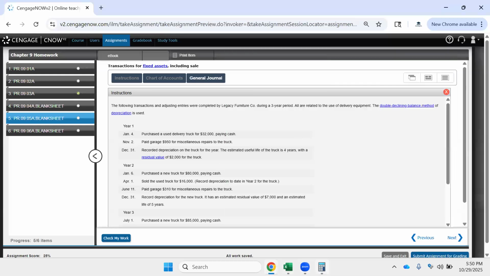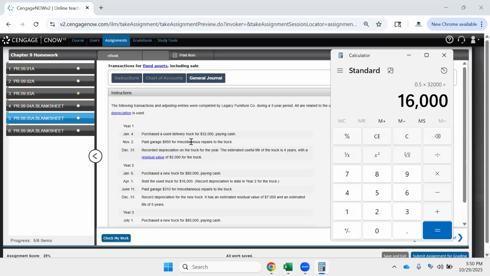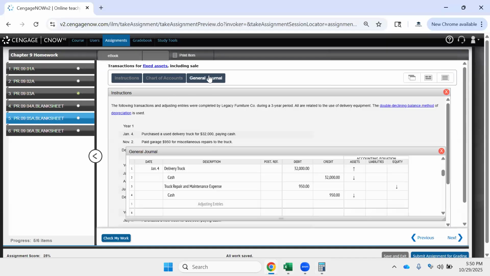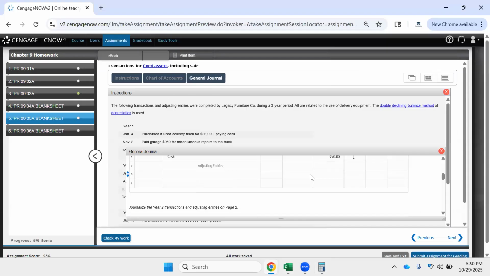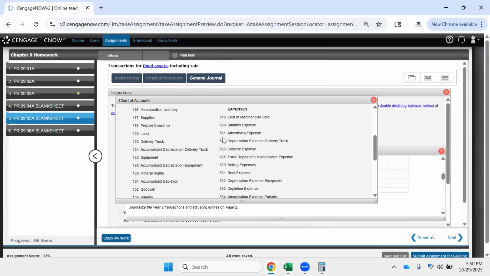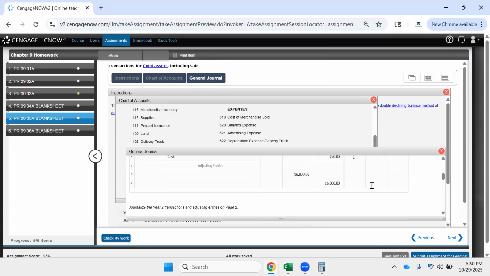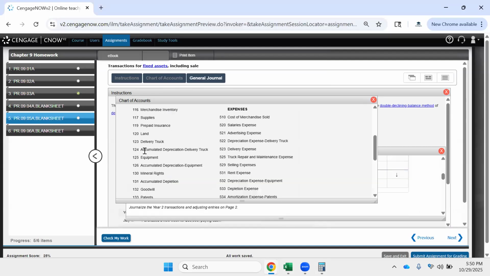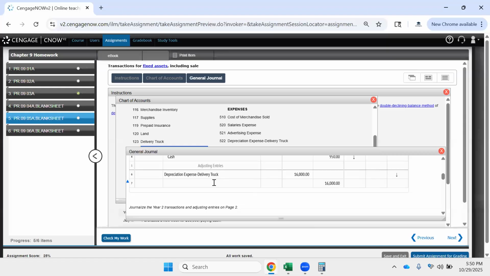And so 50% of 32,000 is 16,000. In our chart of accounts, depreciation expense delivery truck is what we're going to use, and accumulated depreciation delivery truck.